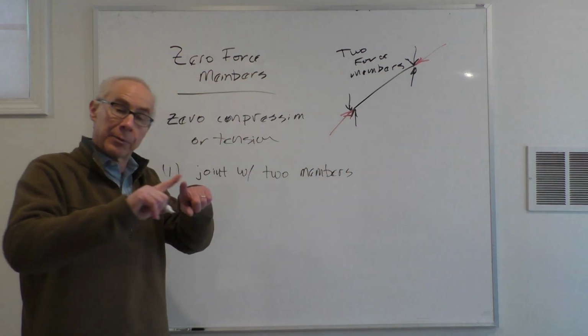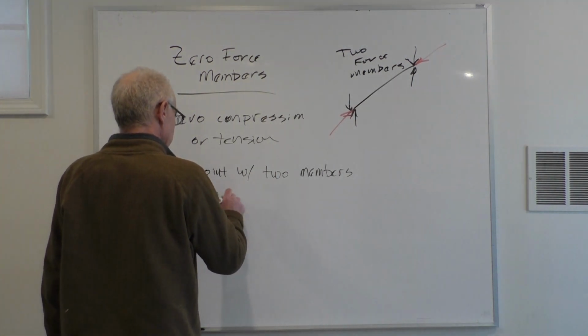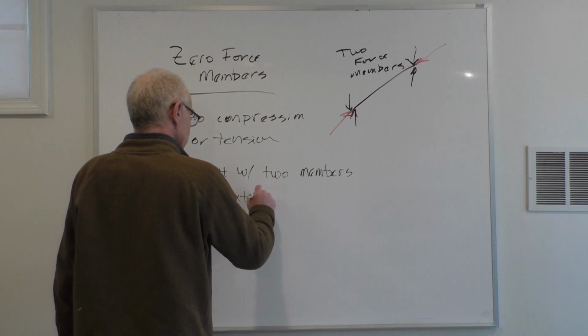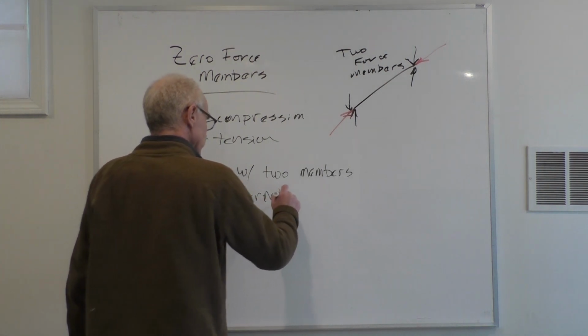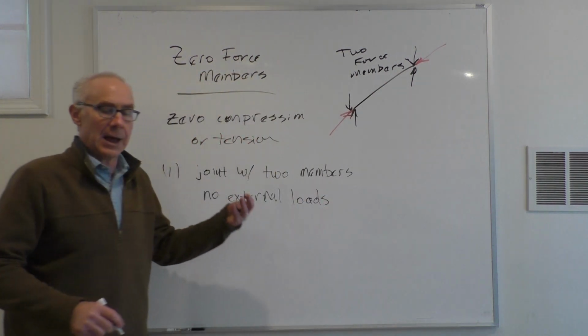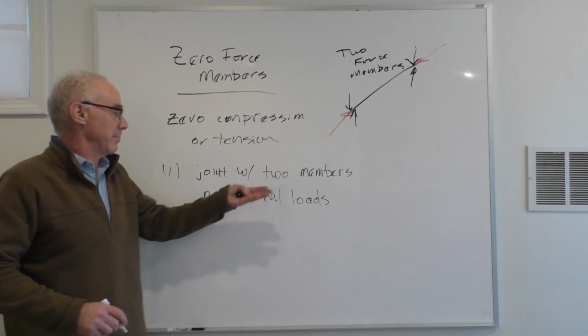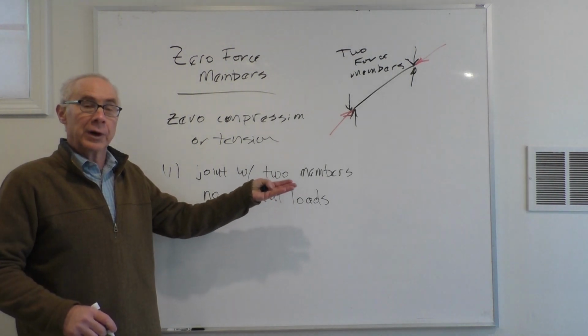Right, so only two members come into that joint, and there are no external loads. Okay, it turns out that would in fact be a zero force member. Both of the members, in fact, would have a zero force.